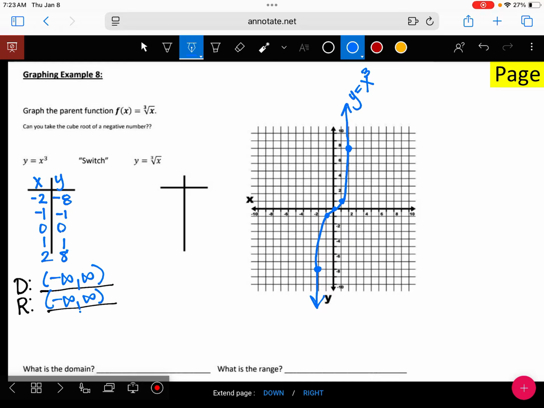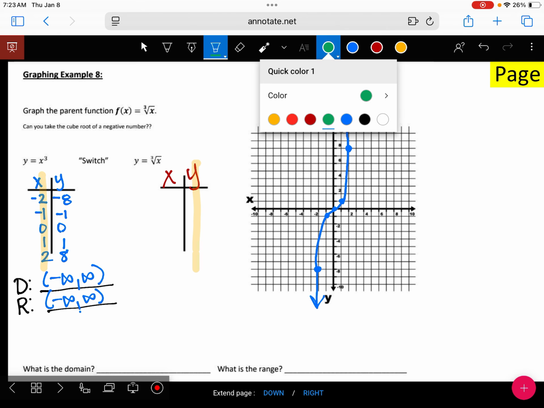The opposite of taking something to the power of 3 is the cube root. So let's go ahead and find the inverse. So I want you to take your table and flip it. So we're going to take all of these numbers, put it under the y.